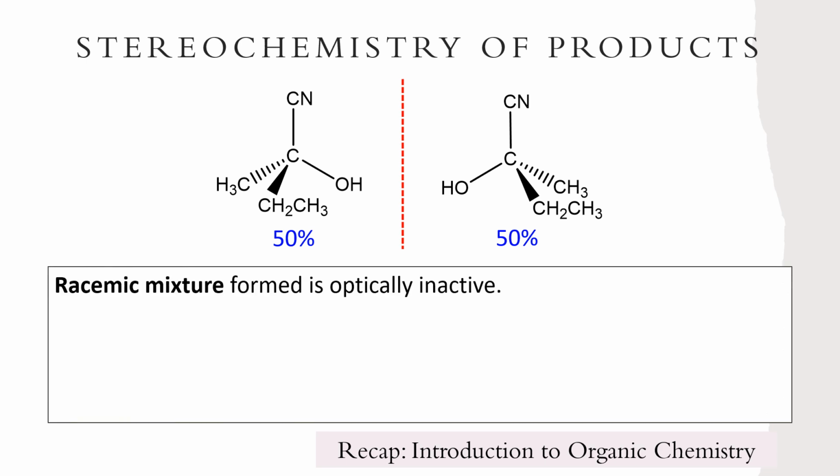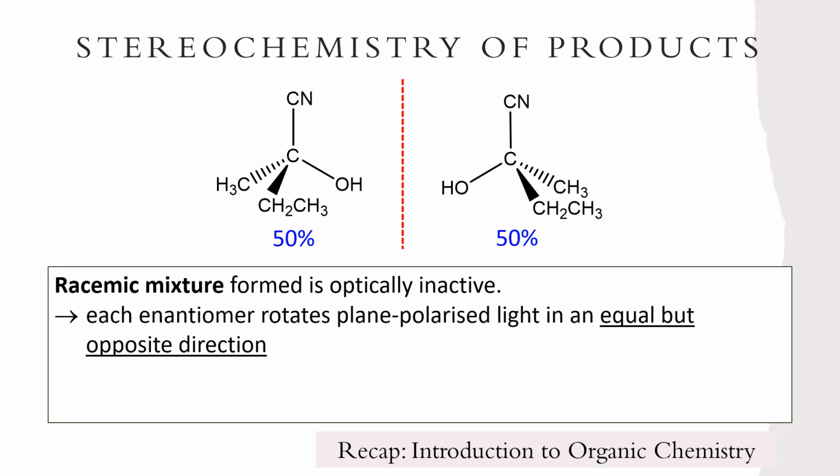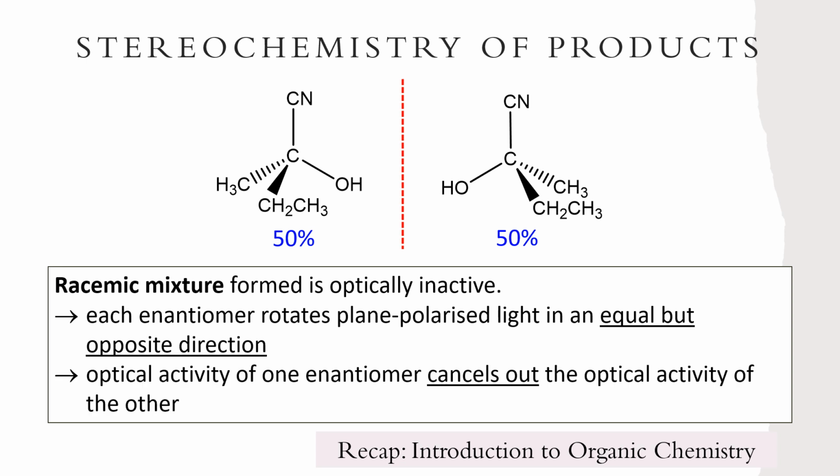We can confirm the formation of a racemic mixture since the mixture of chiral cyanohydrin is optically inactive. Each enantiomeric form of cyanohydrin rotates plane polarized light in an equal but opposite direction. The optical activity of one enantiomer cancels out the optical activity of the other.